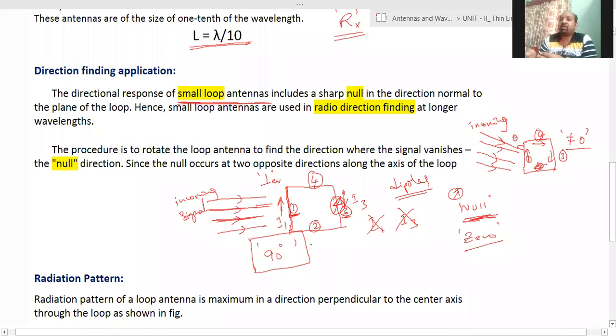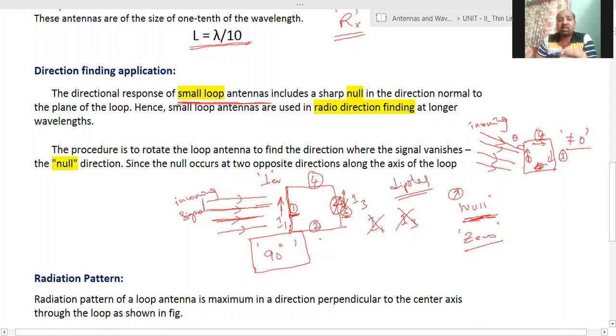This type of antenna you can see on geographic channels, like National Geographic Channel. The researchers track the animals by inserting a transponder in the animal.